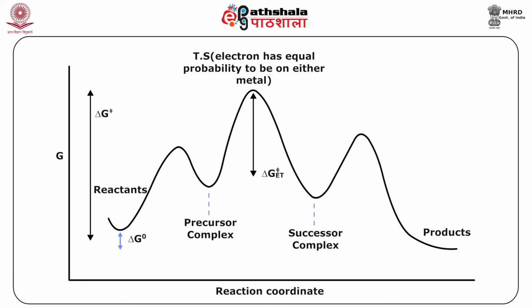Reactant, then transition state, precursor complex, then again it goes to the transition state, most high in energy, where the electron has equal probability to be in either of the metal complexes, and then the electron transfer takes place, and at this unstable stage, it comes down and forms a successor complex. This way, and now the successor complex is dissociated to form products. So this is the energy profile diagram, showing how the energy states of the various stages change, and ultimately the outer sphere process is over.